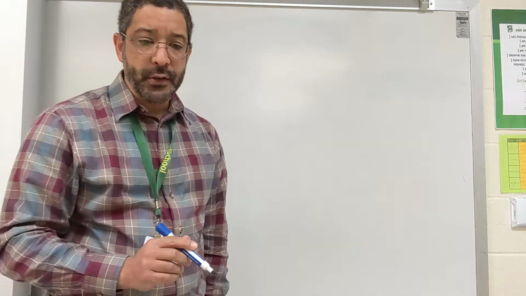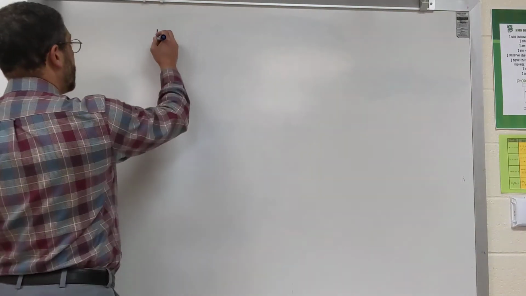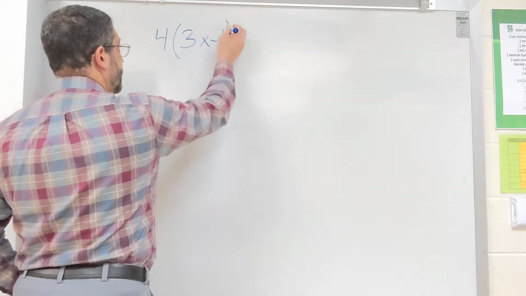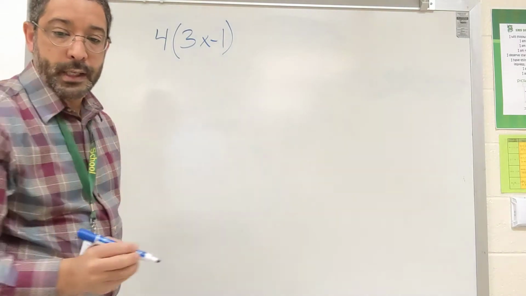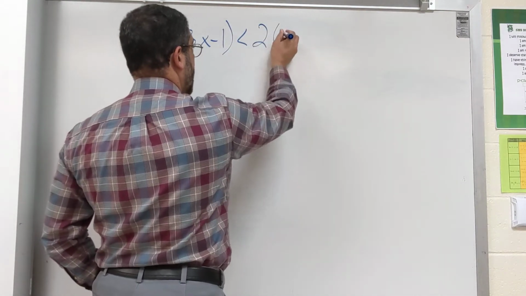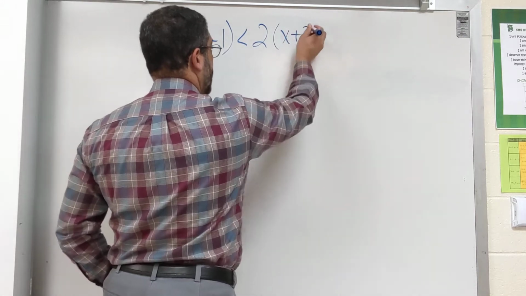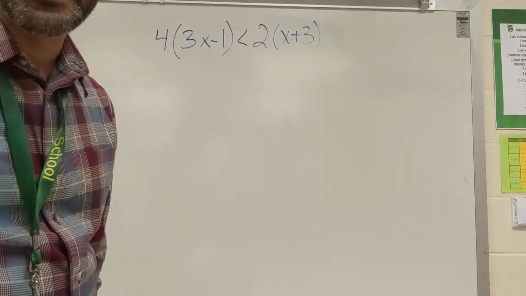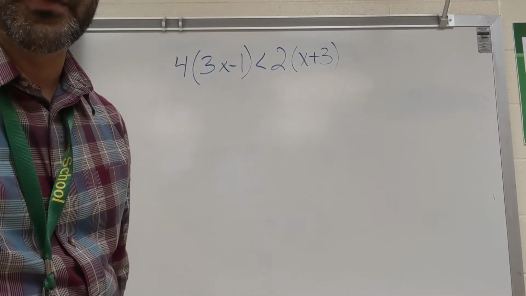All right, so my first one is 4 times 3x minus 1 is going to be less than 2 times x plus 3. All right, so since I have parentheses, the first thing I need to do is distribute.